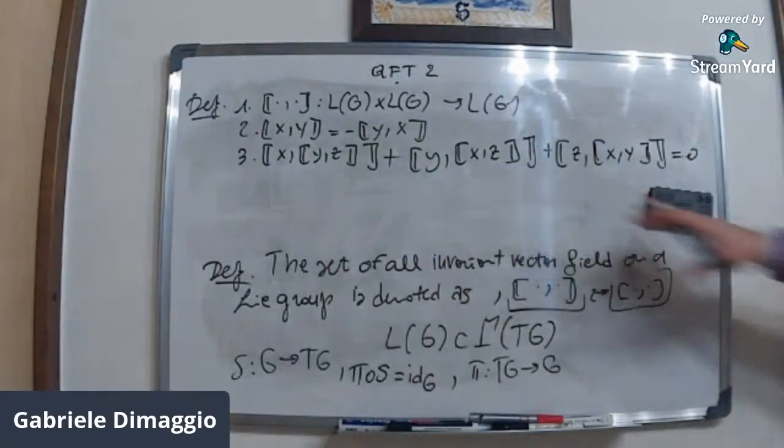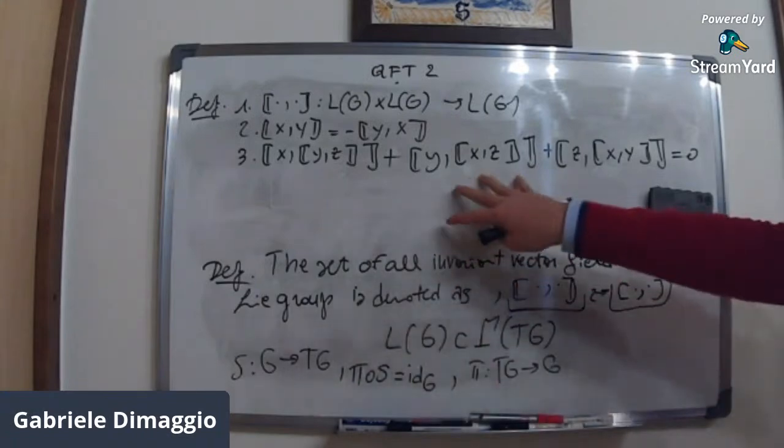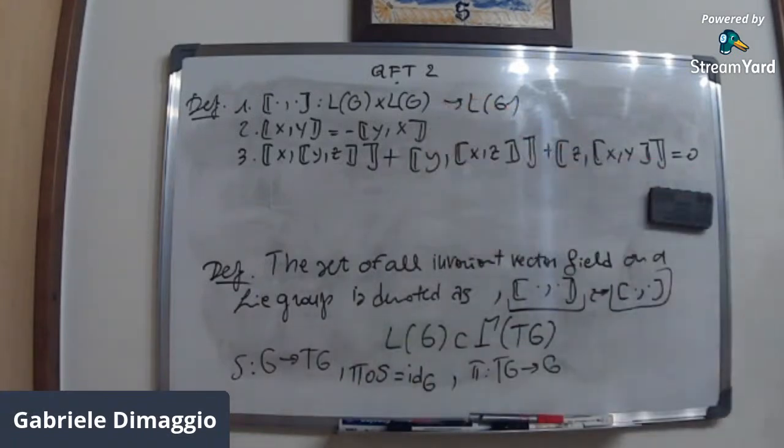So the sum of these three members is equal to 0. These are the properties of the Lie algebra of a Lie group G.